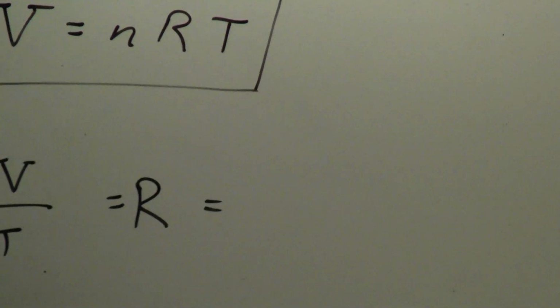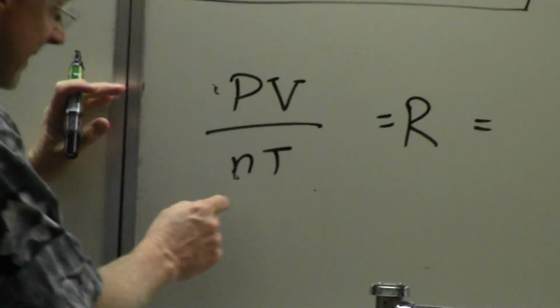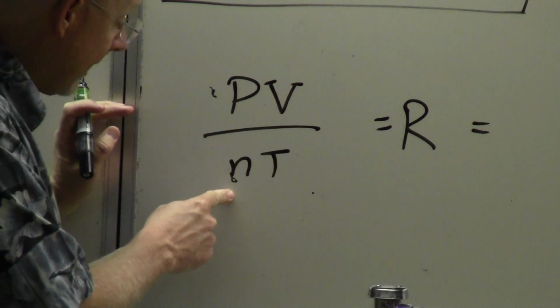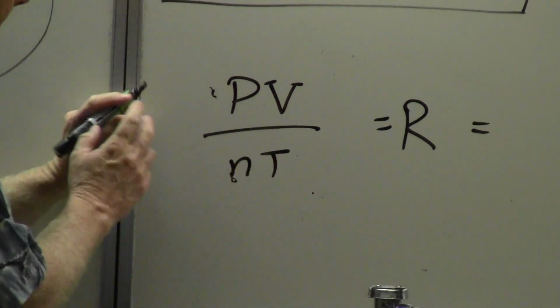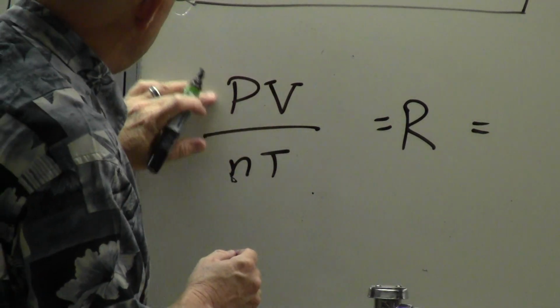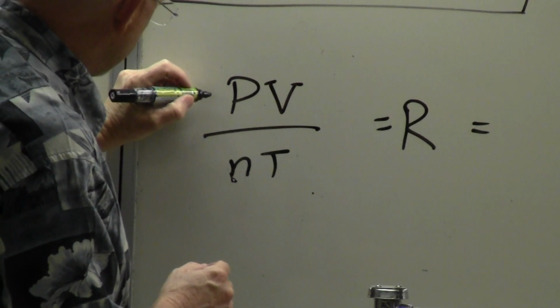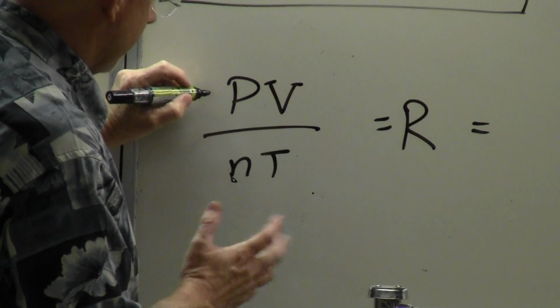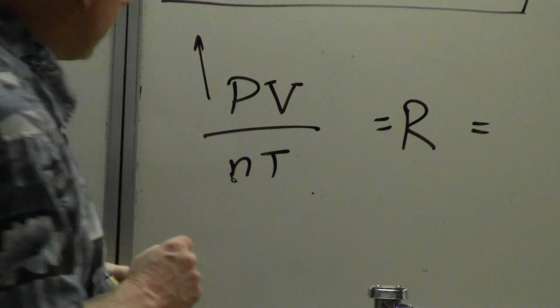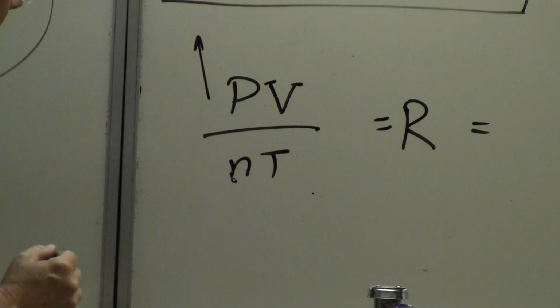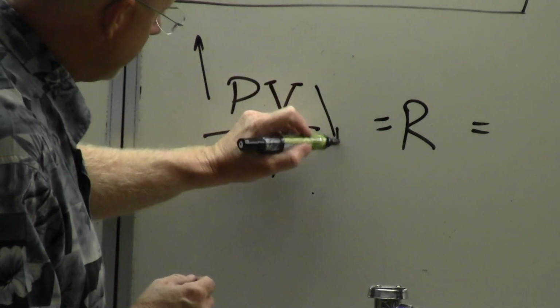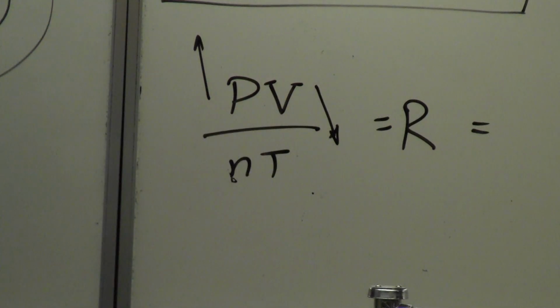Now the one I didn't show you, but maybe I should go back to, is what if I left the temperature and the number of atoms the same, but I increased the, well, the best way I can show it is by increasing the pressure. Then the volume would go down.